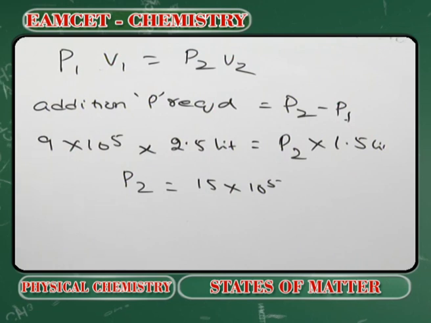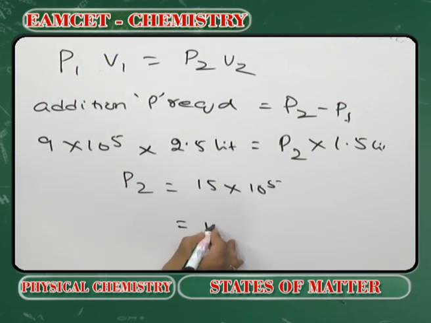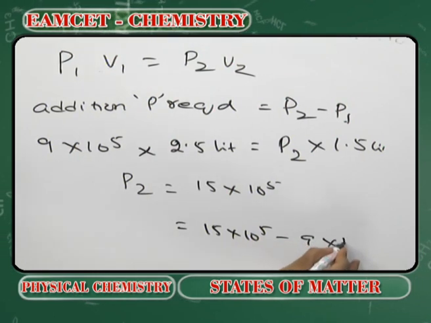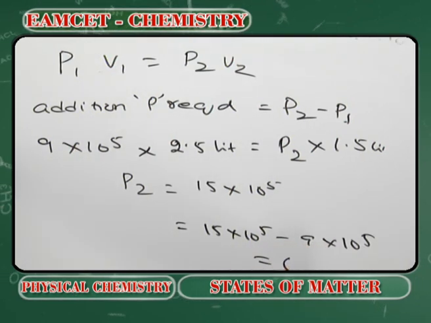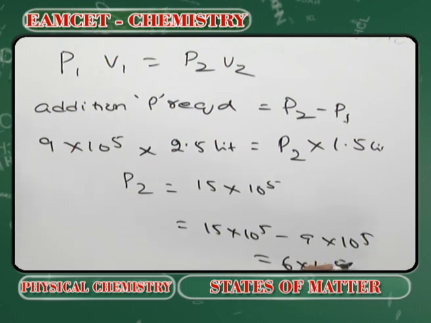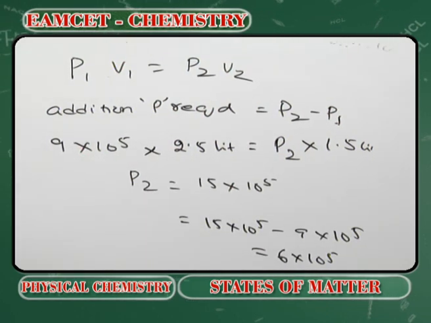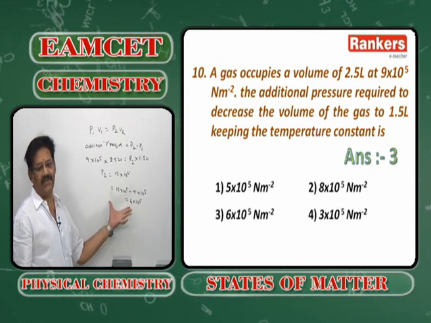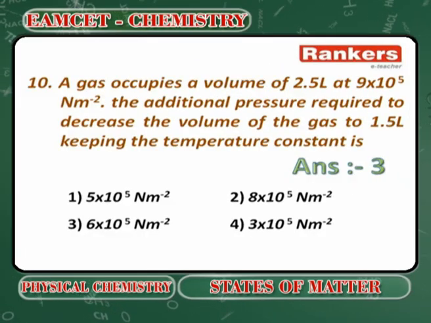So the additional pressure required is 15 into 10 to the power 5 newtons per meter square minus 9 into 10 to the power 5, which is equal to 6 into 10 to the power 5 newtons per meter square. And newtons per meter square is the SI unit for pressure. Next question.